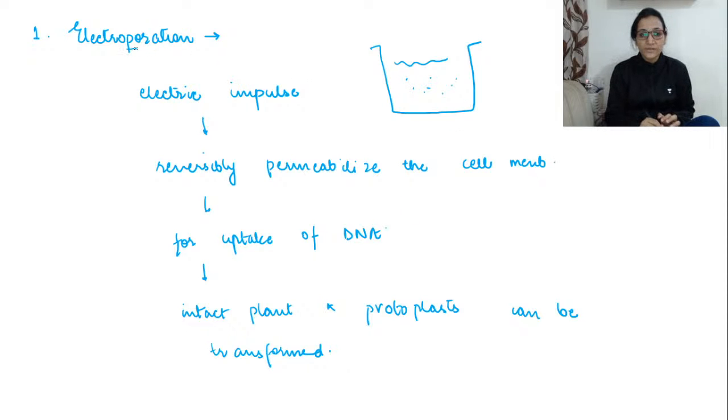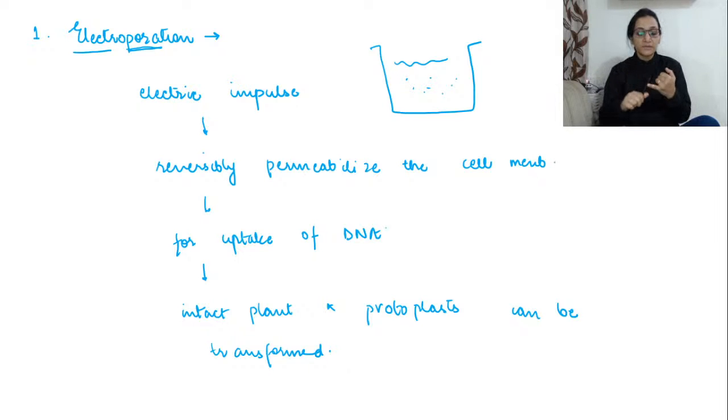The word itself is saying poration: with the help of electricity, pores are formed. Small pores will be formed in the plasma membrane, and through these pores the DNA is going to enter, and this DNA is going to integrate itself with the host cell genome. This is the way it occurs, right?